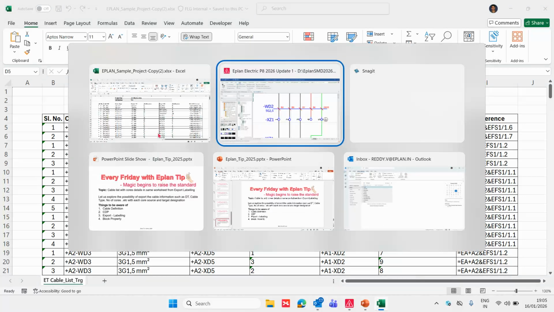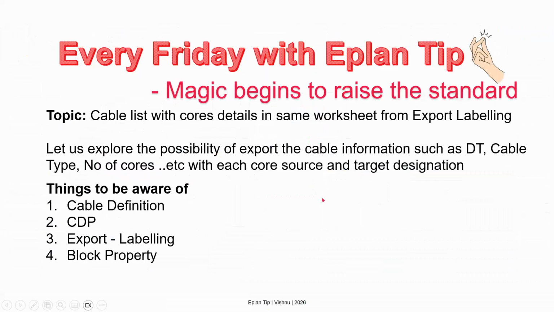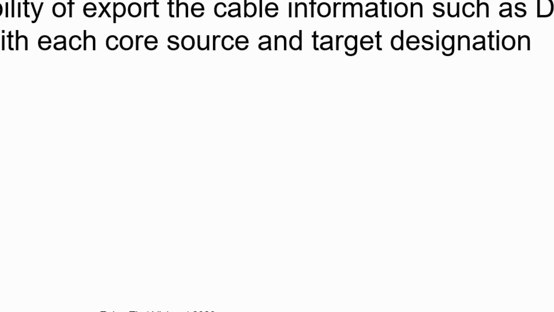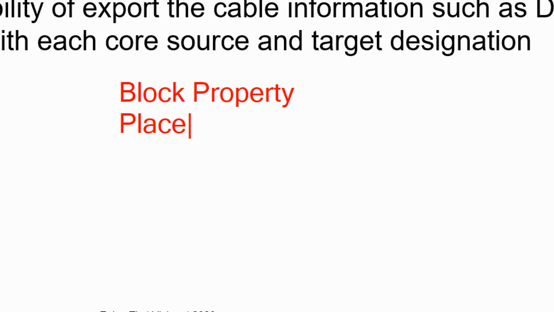And before I say bye, I want to stress one more important thing: in Eplan, these are very silent but very powerful. What are the ones? One, I would say, is the block property, the one which you explored right now, which can be used in many places. The second powerful one, as in my previous video, you would have seen, is the placeholder object. This is also very powerful. As you see the hanger symbol, how important a role it plays.